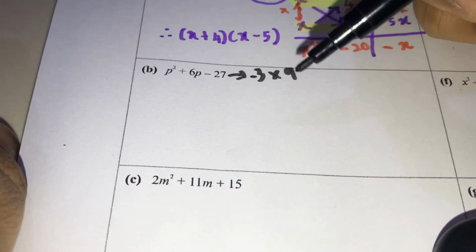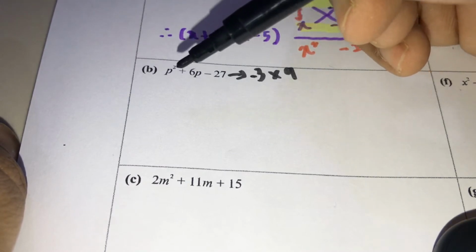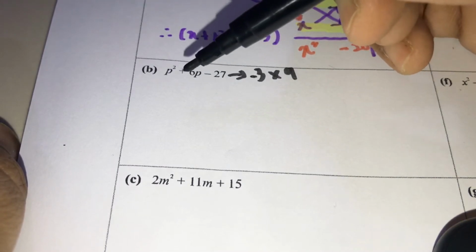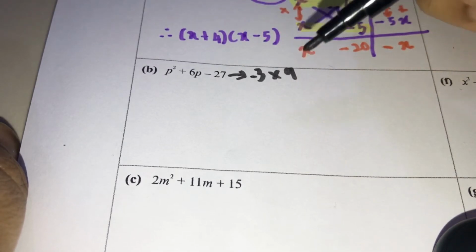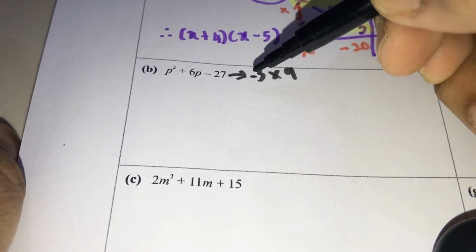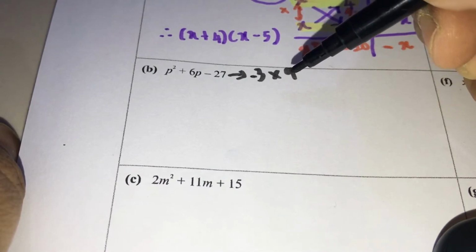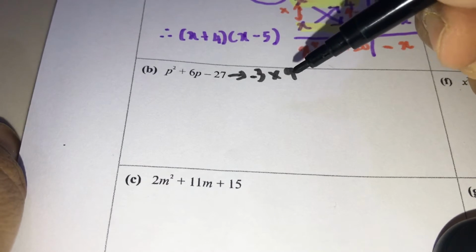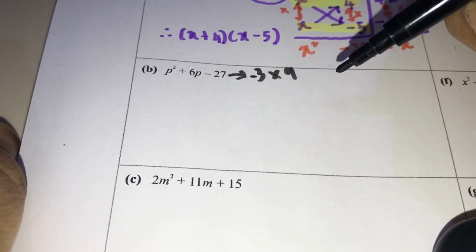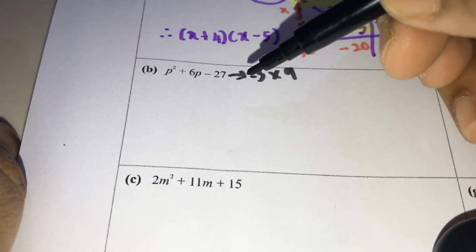So you look here, this one positive, positive 6p. So when you add, you must get positive value, so that's why you have to put negative 3. If you put negative 9, 3 plus negative 9 becomes negative 6, so that's why you put negative 3.